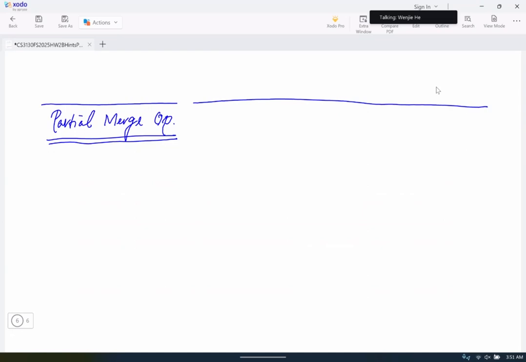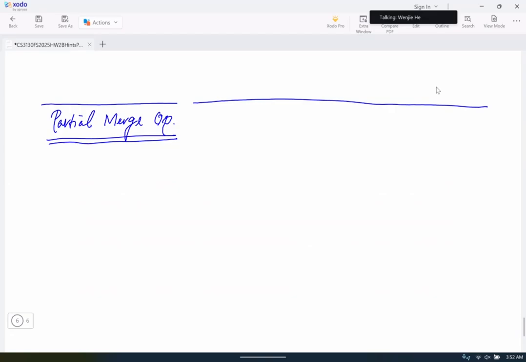That's the partial merge operation. Because this is a general way to find a solution, I describe it here, so later when we need to use it, we can use it. That's very easy.